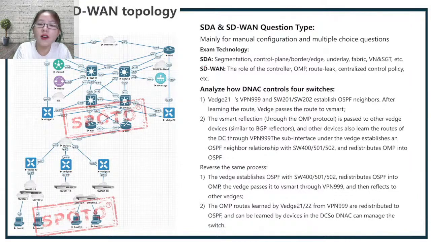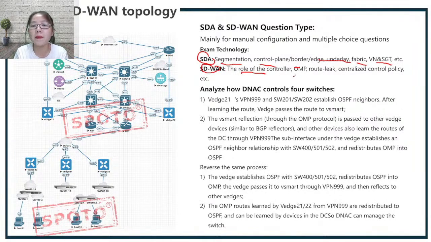First, in the SDN part, you must know segmentation and controller plane and border edge and underlay fabric, VN and SGT and so on. And about SD1, you need to know the role of the controller, OMP, and the route leak, and the centralized control policy and so on.